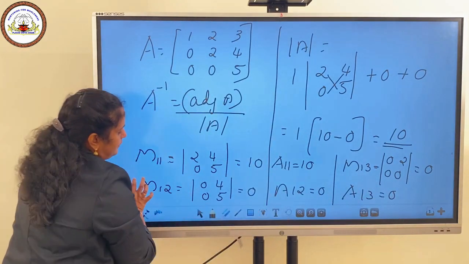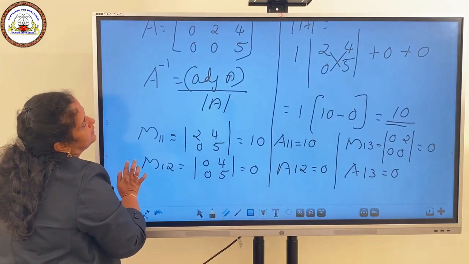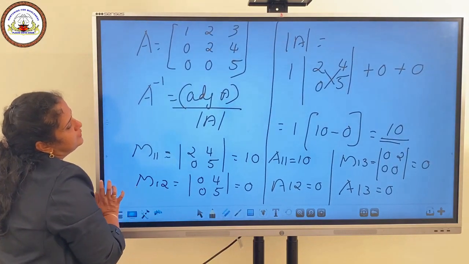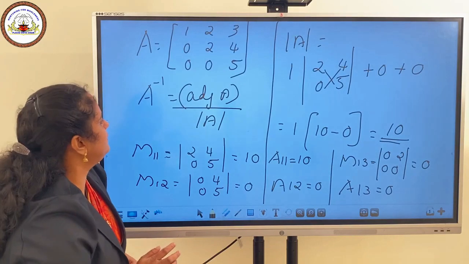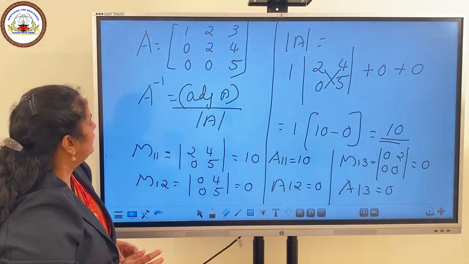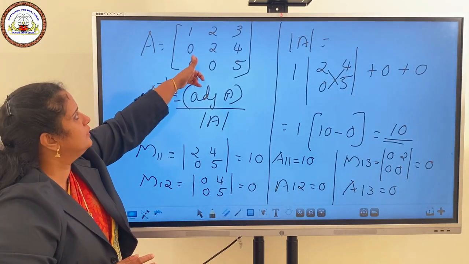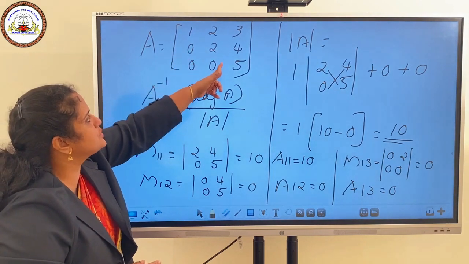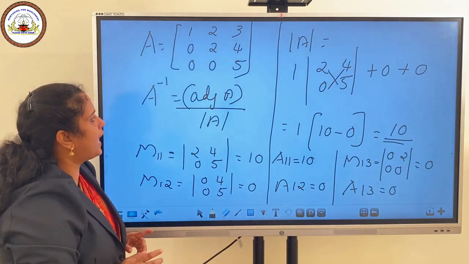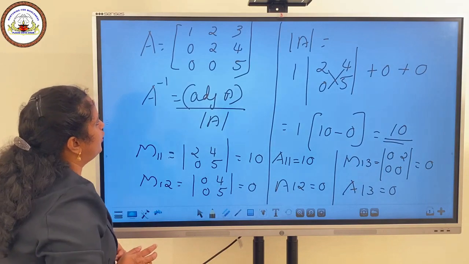Then we can find the second row, first element. The corresponding rows and columns we should eliminate. The remaining elements we should write in the determinant form.